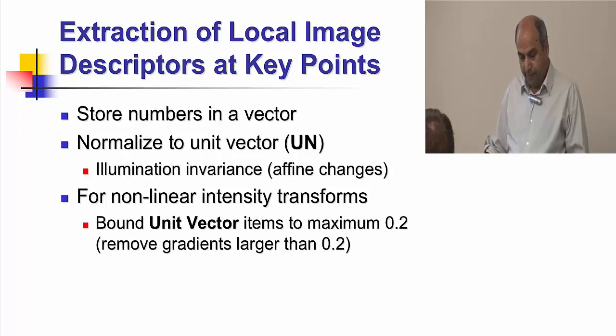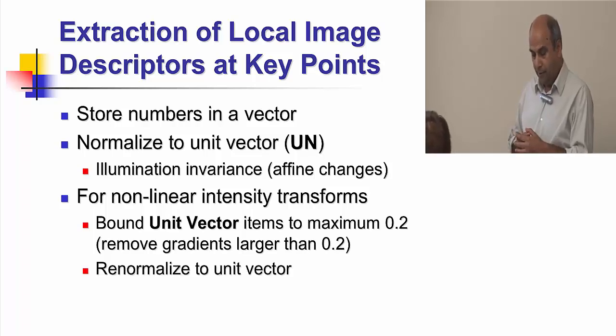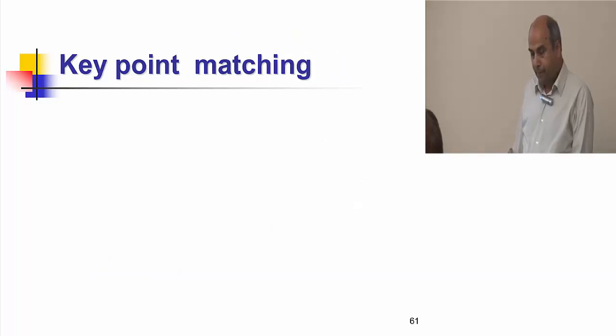Then we'll do one more thing: we find each element after normalization. If it is more than 0.2, then we'll make it 0, and then we will normalize again. He found that to be helpful in getting rid of nonlinear intensity transformations and so on. Okay, so that's it.